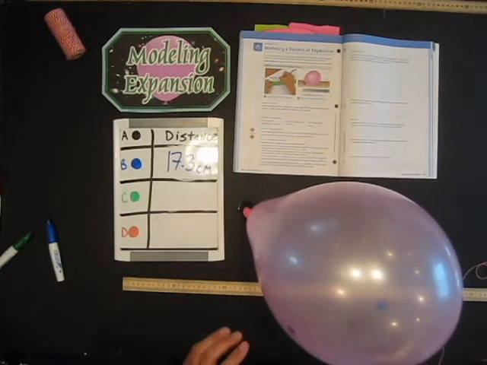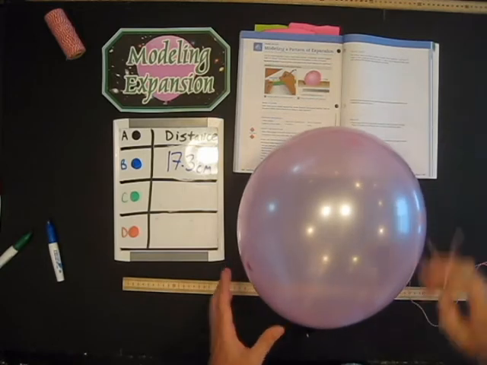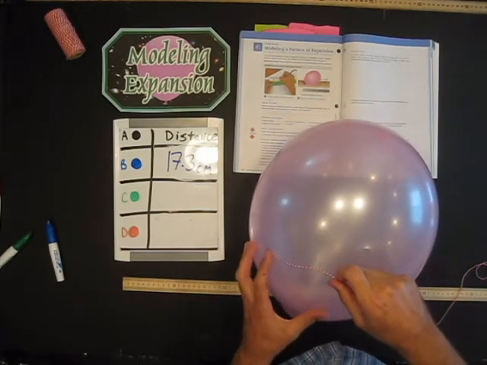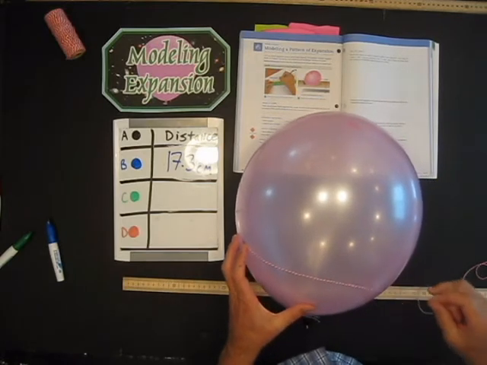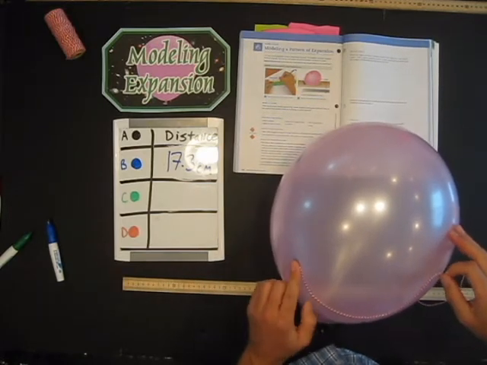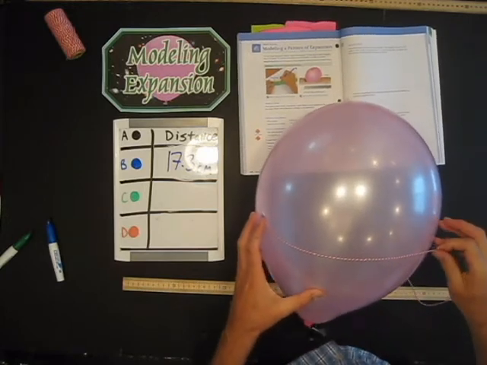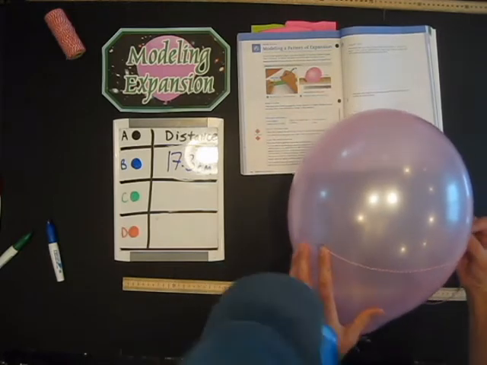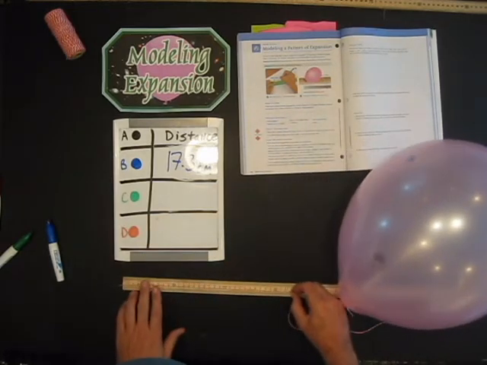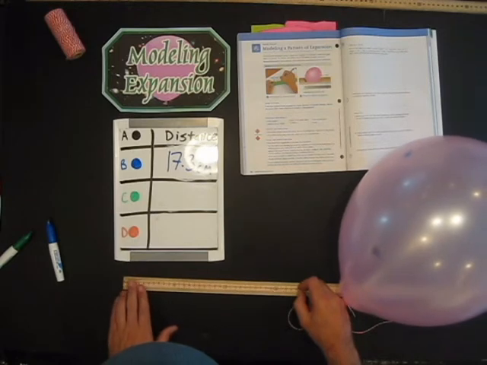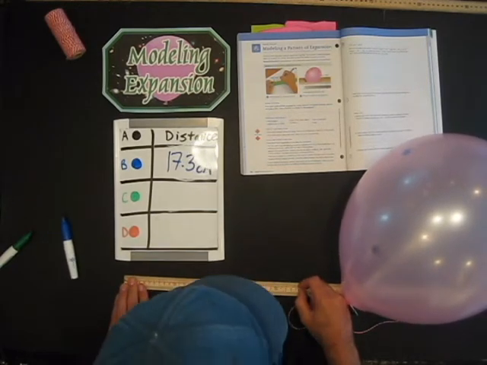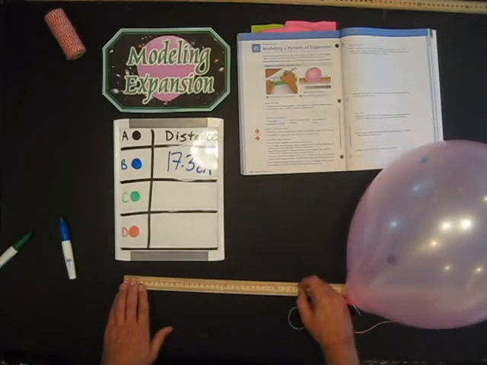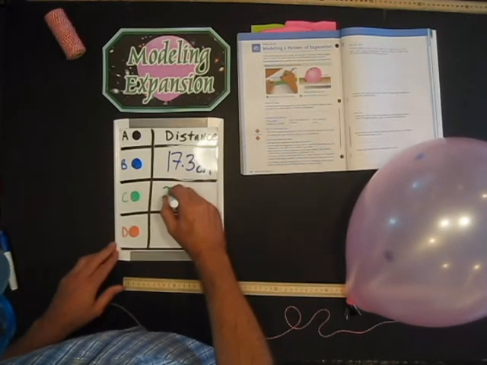And then from the black to the green dot, those are really getting far apart now. Wow. Okay, from right there to right there, is now getting to 34.6 centimeters.